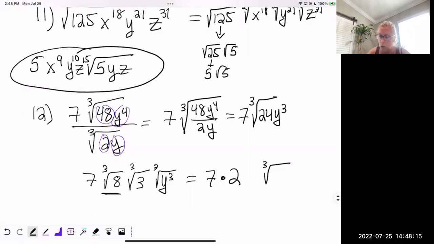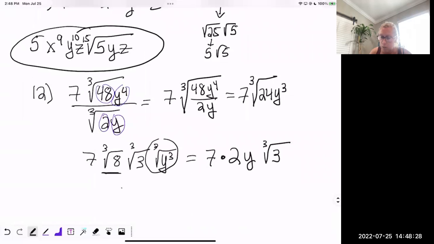So that's going to be what I call my leftover. And then the cubed root of y to the 3rd, how many 3s are in 3? 1. That's even. And then all I have to do now is multiply my constants in the front. 7 times 2 is 14. Y, the cubed root of 3.